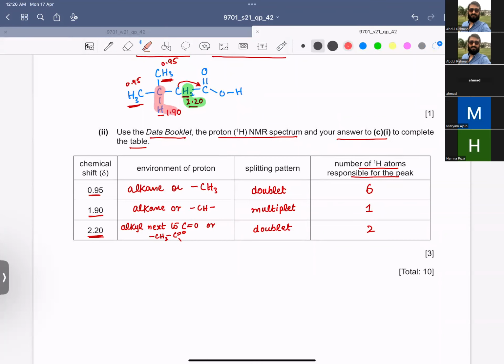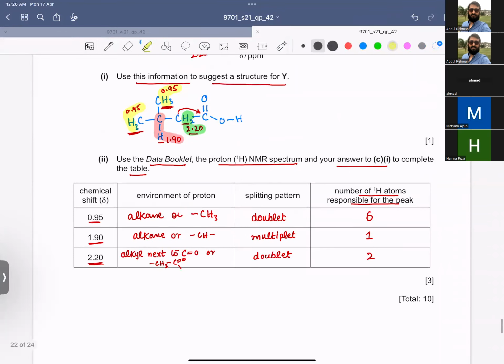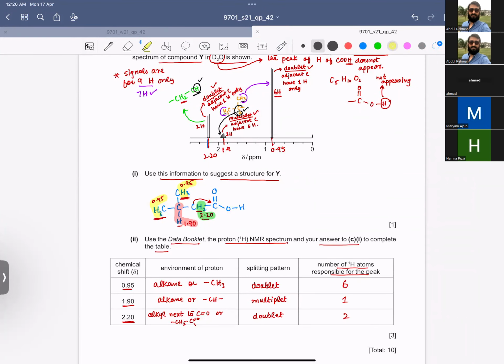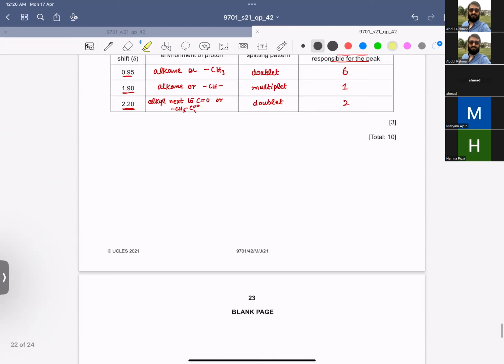This one is showing a peak at 1.90. And these are showing the peak at 0.95. Right. Okay. So here we have ended the paper.